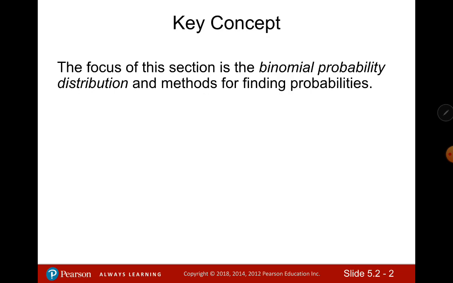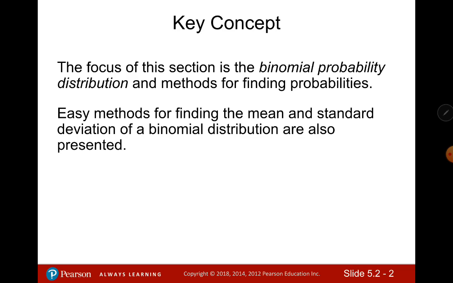The first one: we're going to learn what the binomial distribution is and how we can find the probability in this distribution. Of course, we will learn how to find the mean value and the standard deviation. So we should learn how to find the parameters in this special distribution.